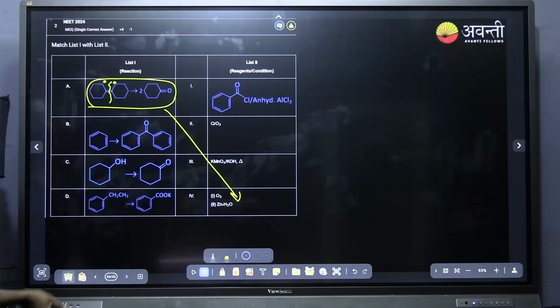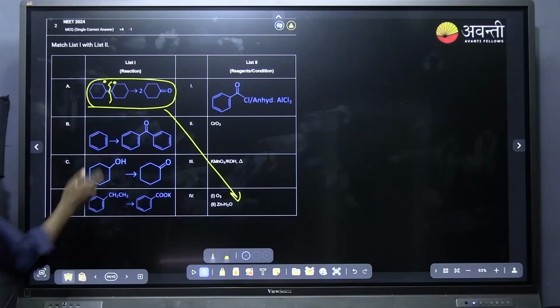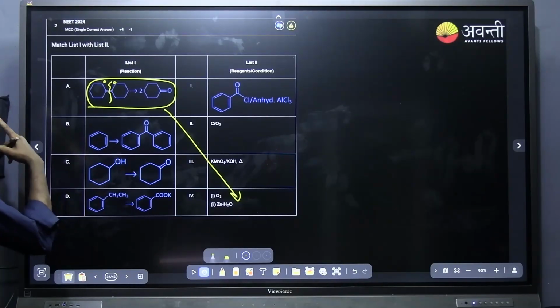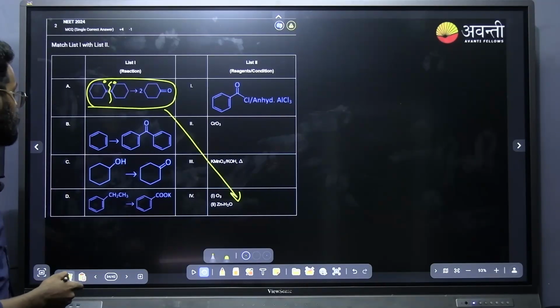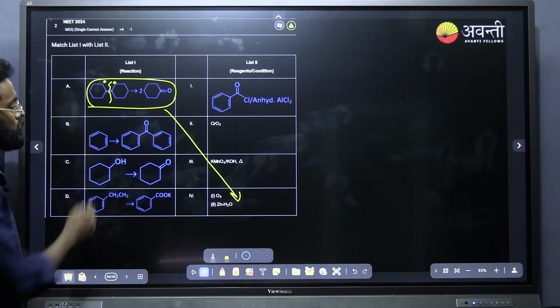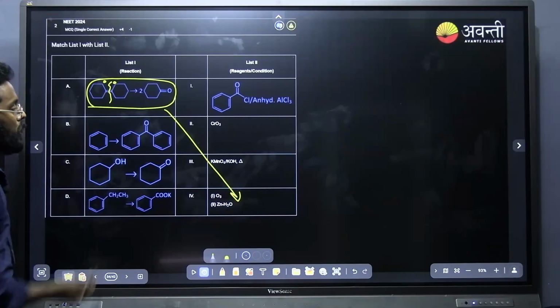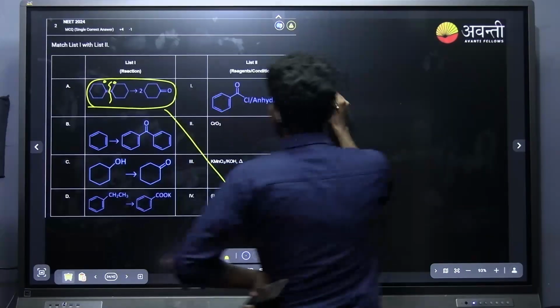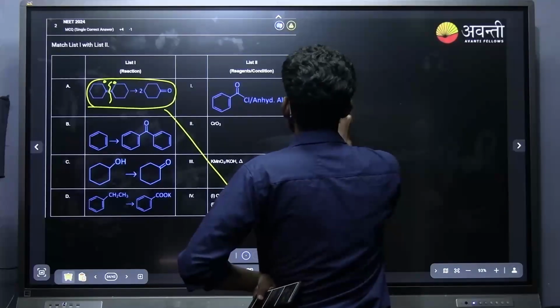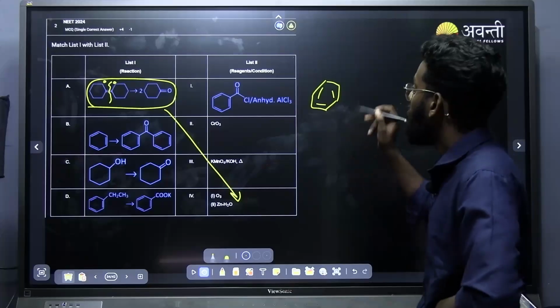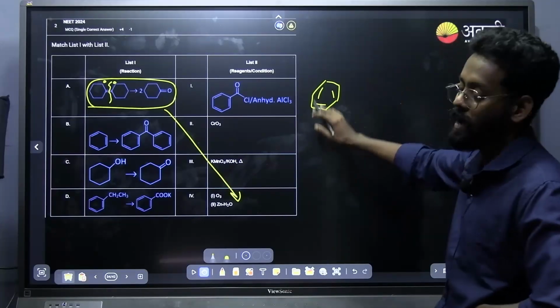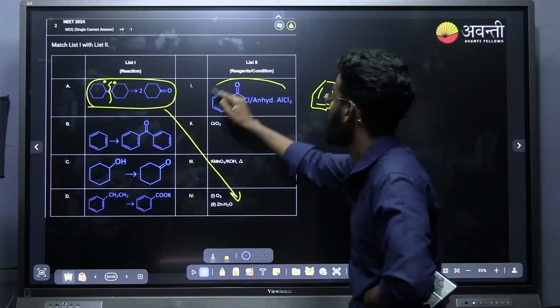Now what about the second one? Option B: benzene is converting into a diphenyl ketone. Which one is going to match with it? How can we convert benzene to a diphenyl ketone? It is Friedel-Crafts acylation.